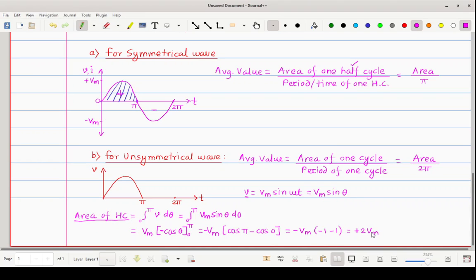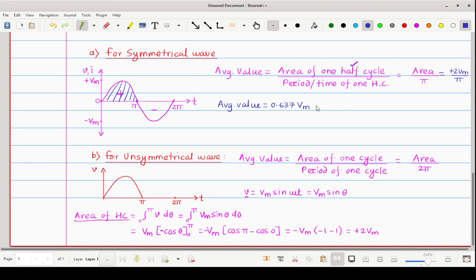Now you have to put this area of half cycle in the above equation. You put plus twice Vm divided by pi. Pi is 3.14, so 2 Vm divided by 3.14. If you calculate this, your average value becomes 0.637 multiplied by Vm.